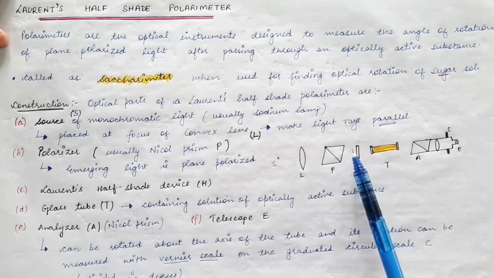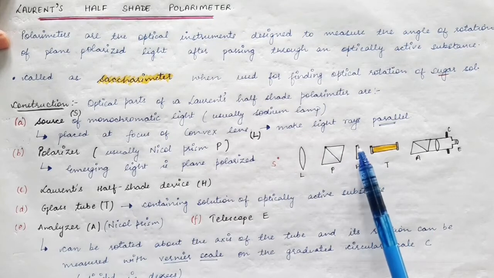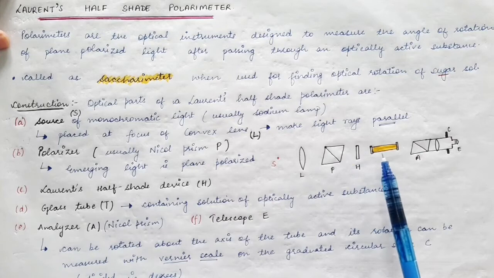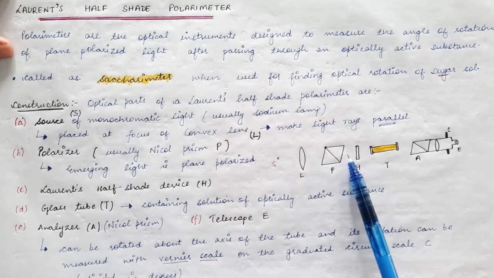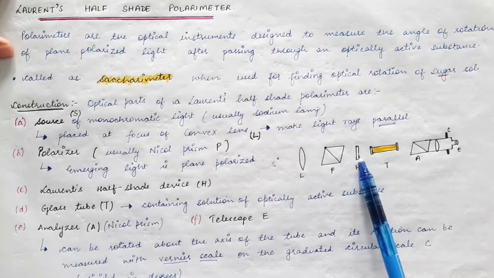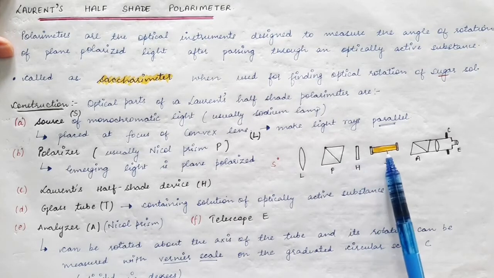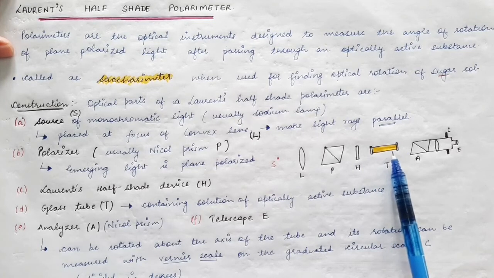Then this plane polarized light is made to fall on a half shade device. We will see the working of this half shade device in a minute. The outgoing light then passes through a tube filled with an optically active substance, for example sugar solution.